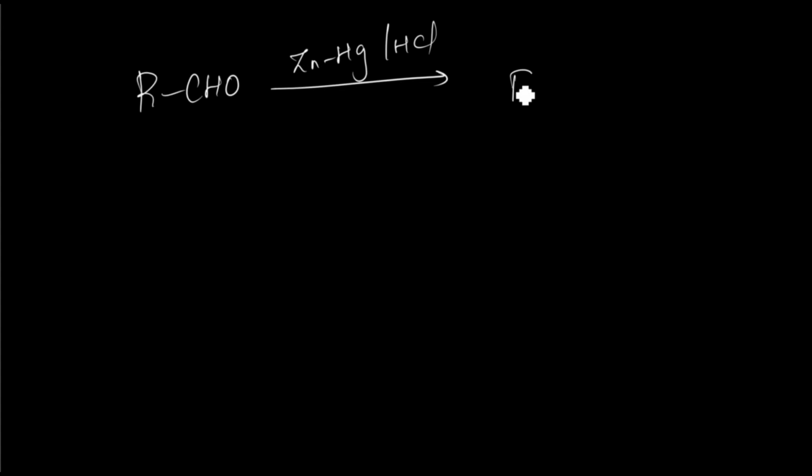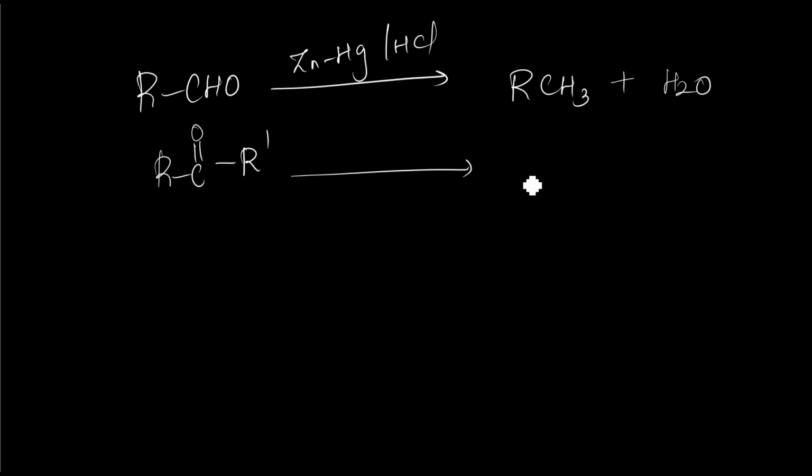Then I told you what that reagent is, zinc with mercury. So RCHO with zinc, mercury and HCl, zinc amalgam, will give you RCH3 with H2O. If I'm taking RCOR as well with this reaction, that will give you RCH2R.